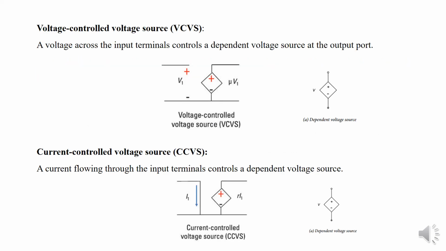Firstly we will discuss the voltage controlled voltage source. What is this? A voltage across the input terminals controls a dependent voltage source at the output port. This is nothing but the voltage controlled voltage source. The representation of the dependent source is shown in point A. Then the current controlled voltage source, where a current flowing through the input terminals controls a dependent voltage source.